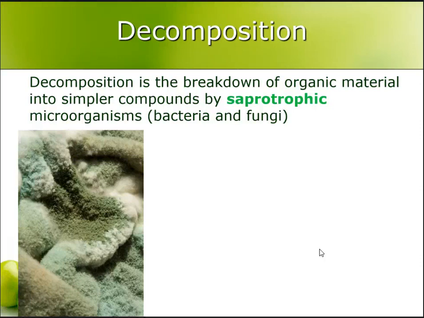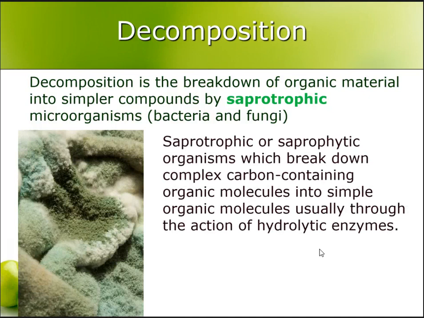But once they're in living things, you're going to need something to release them, and that is going to be your decomposers, right? Decomposition is the breakdown of organic materials into simpler compounds, and the organisms that do this are called saprotrophic, or saprophytic, either way.